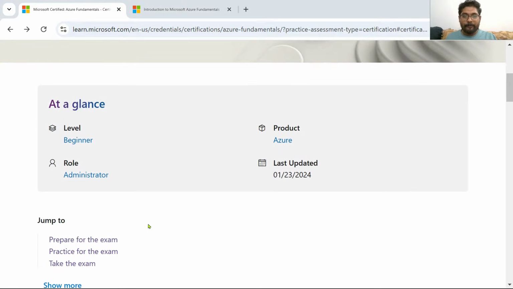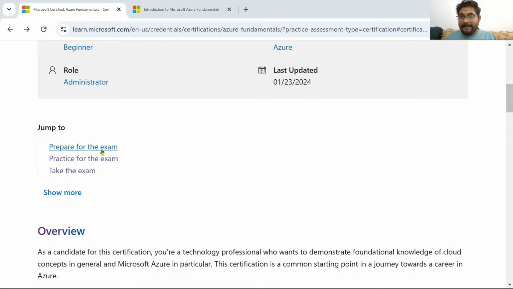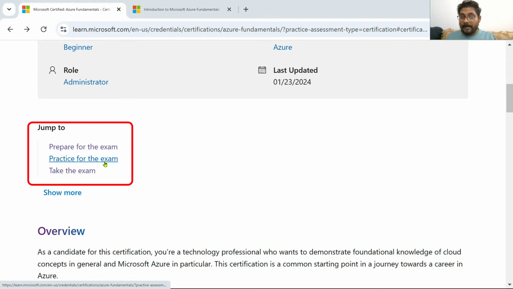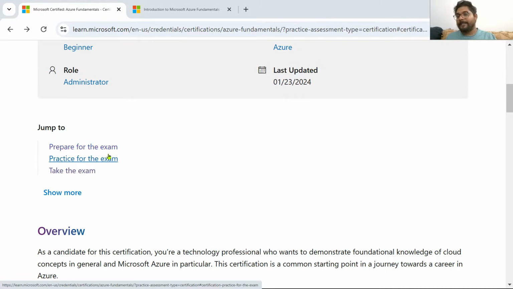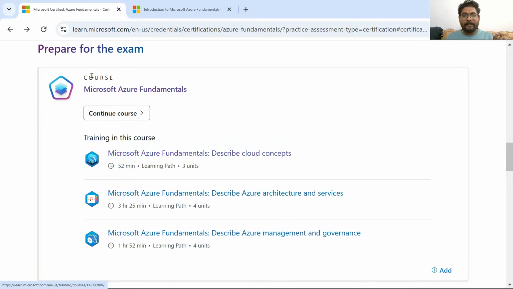Now let's scroll down. These three sections you look at: prepare for the exam, practice for the exam, and take the exam. Now let's focus on prepare for the exam. Simply click on this link. The moment you click on the link, it will show you the topics that you should be prepared for.